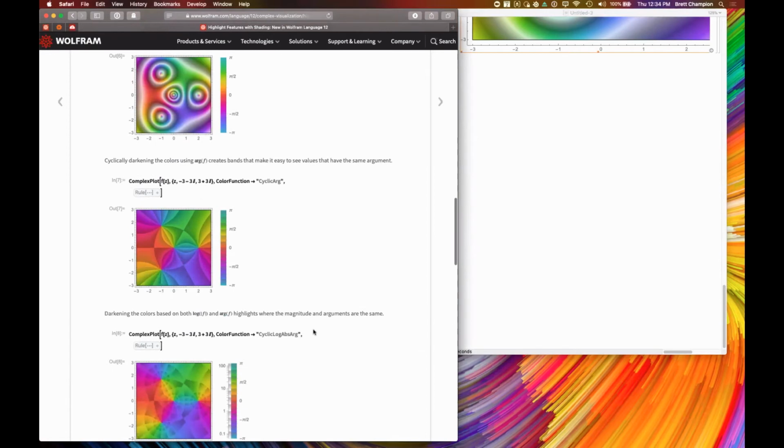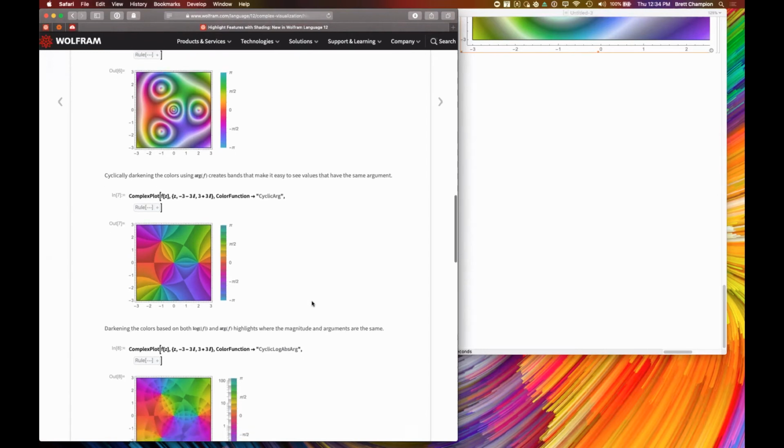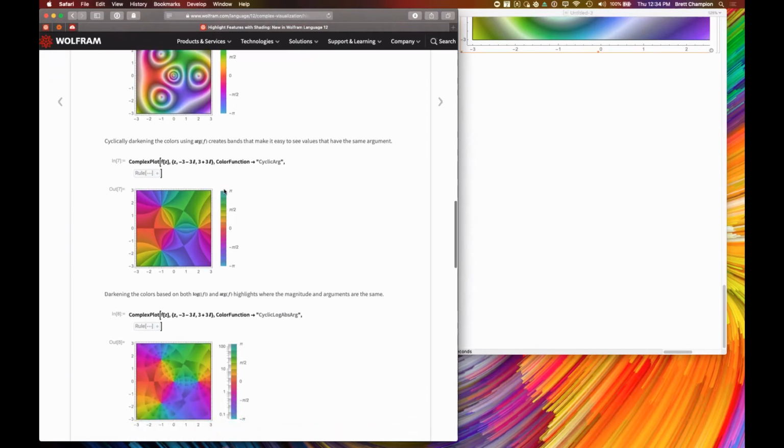So most of the ones we've looked at so far have done the shading based only on the magnitude of the function. But it's possible to do the shading based on other things in cases where it may be desirable. So in this case, we're doing the same cyclic behavior, except that we're doing it for the argument. So we're doing it in addition to our main color function. In this case, it doesn't need to be on a log scale because we know that the argument is bounded between minus pi and pi, and our color function goes uniformly through that.